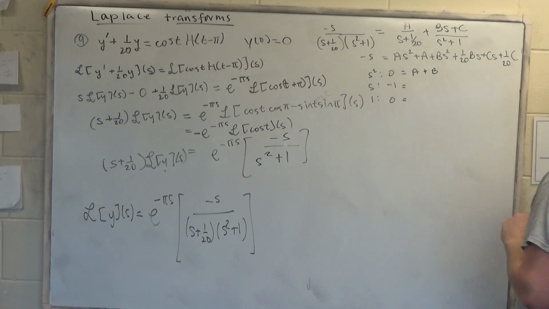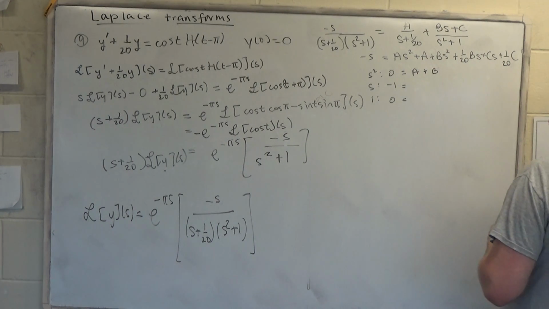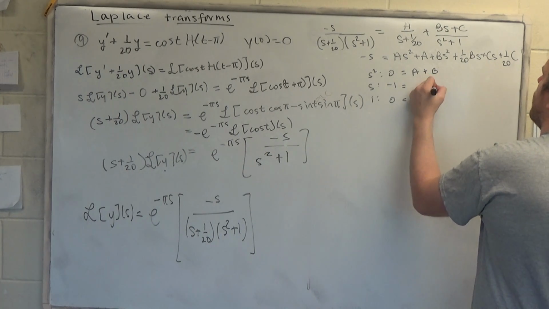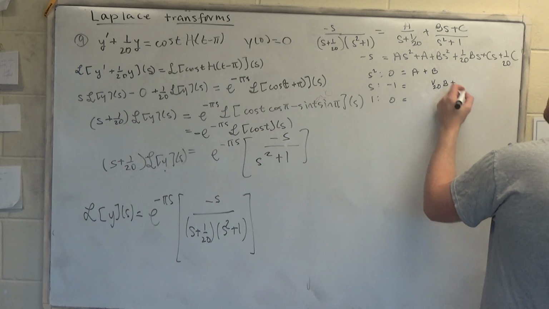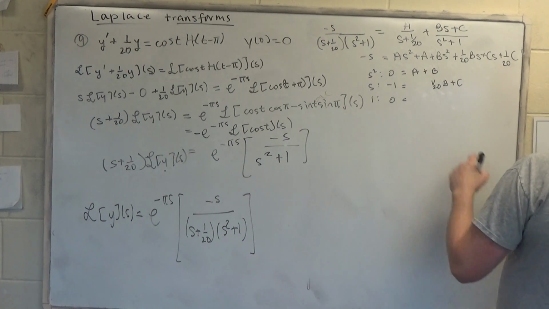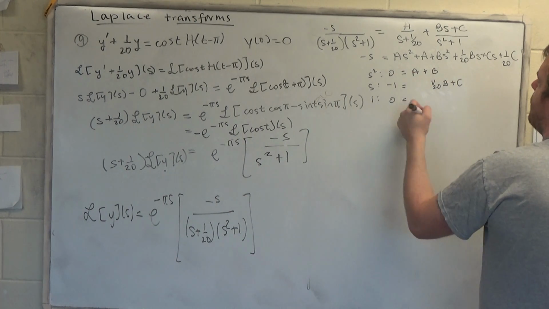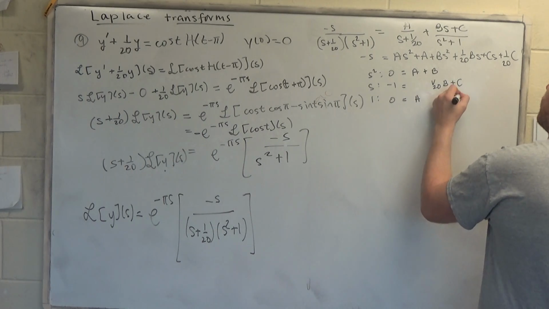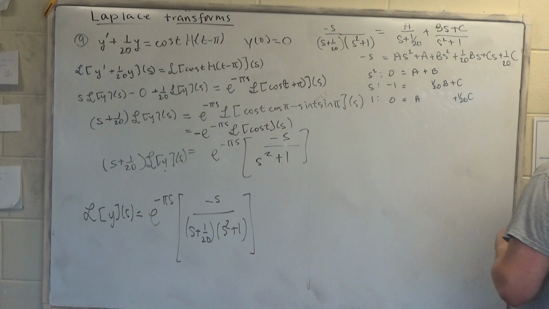The coefficient of s squared is a plus b on the right. The coefficient of s is 1/20th b plus c. And the coefficient of the constant is a plus 1/20th c.